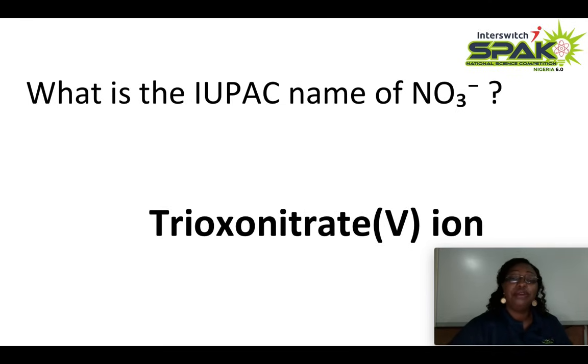So by the time you react this with a cation, for example, if you react with Al3+, then you have aluminium trioxonitrate(V). And if it's copper, you react it with Cu2+, it gives you copper(II) trioxonitrate(V).